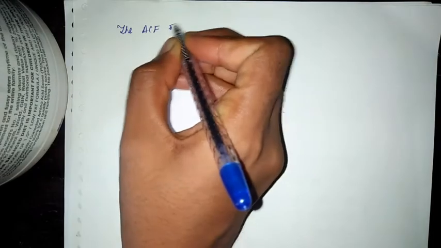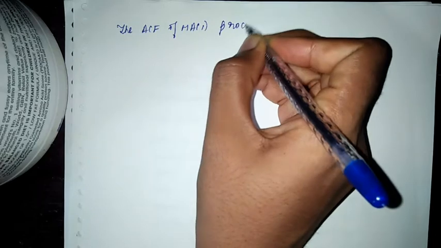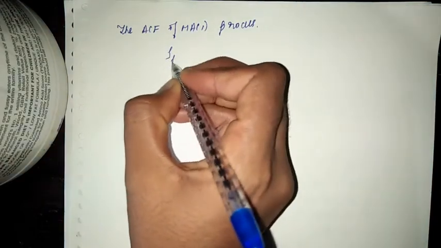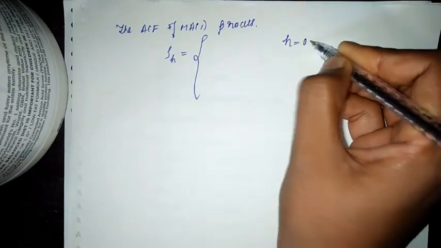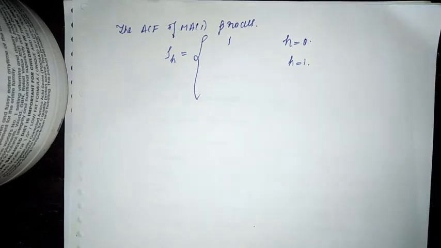So how to write the ACF now? The ACF of MA1 process, rho h is equal to, so when h is equal to 0, ACF is always 1. When h is equal to 1, what is ACF? Covariance by variance, right?